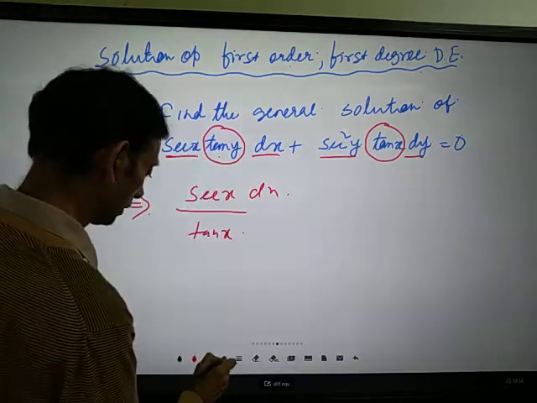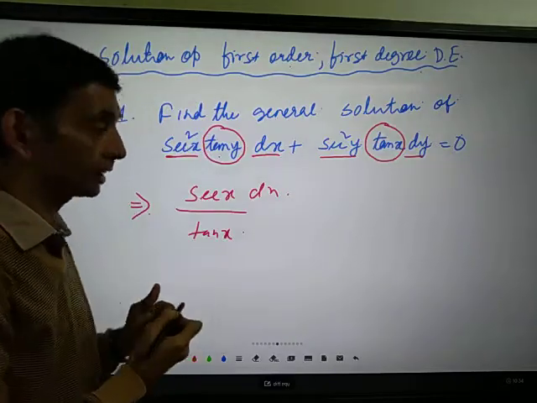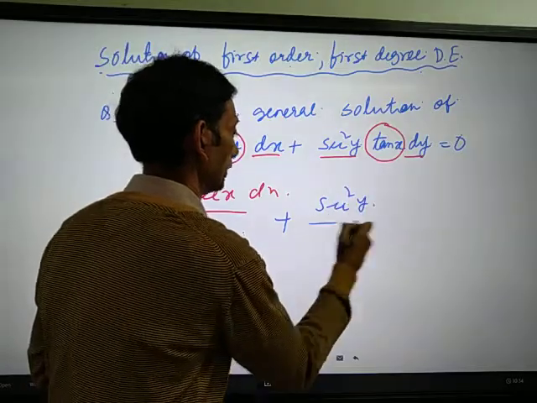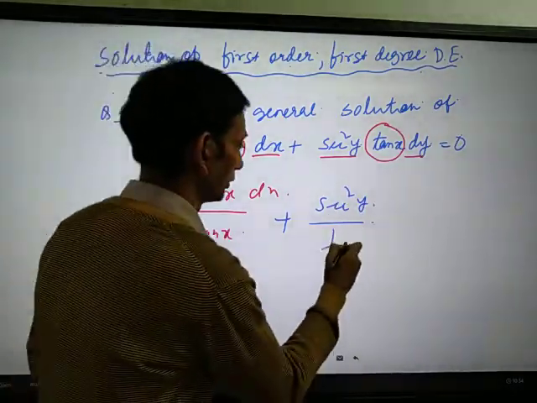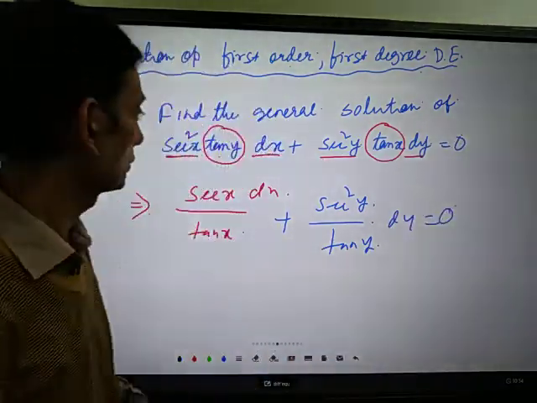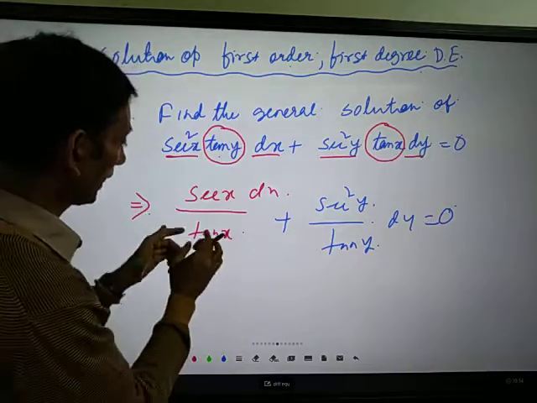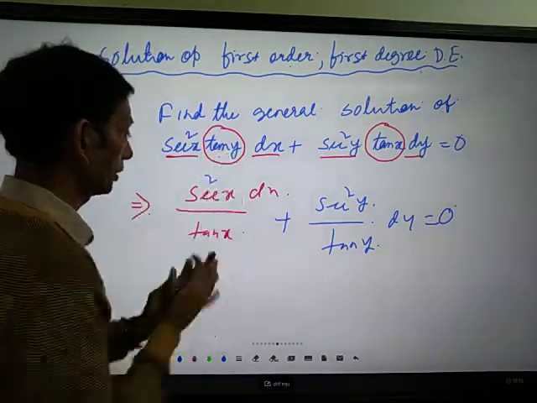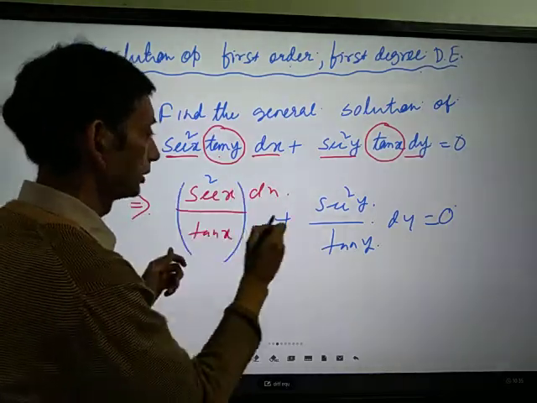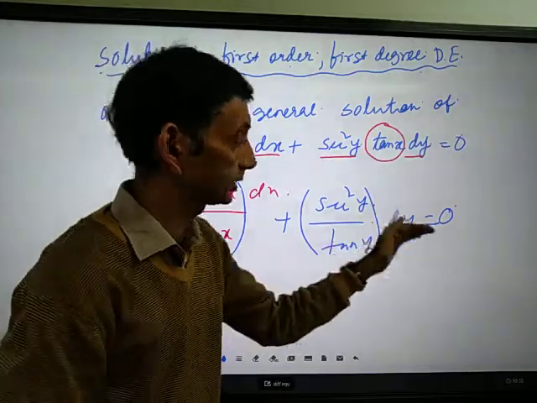This should be sec square x by tan x dx plus sec square y by tan y dy equal to 0. If you divide by tan x, tan y will get cancelled out, so you will get sec square x by tan x dx, and the second term will be sec square y by tan y dy equal to 0.